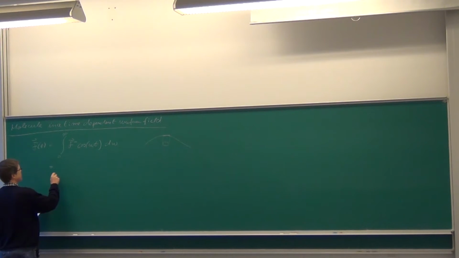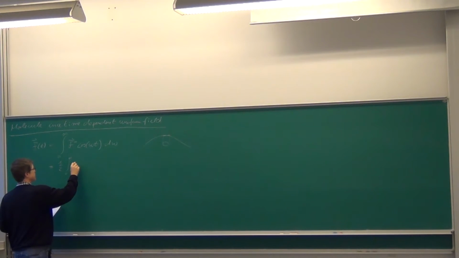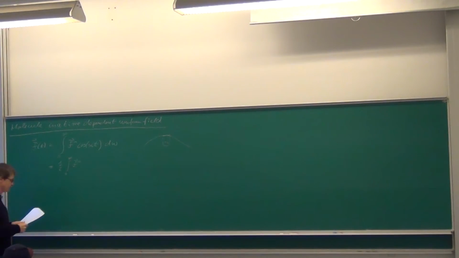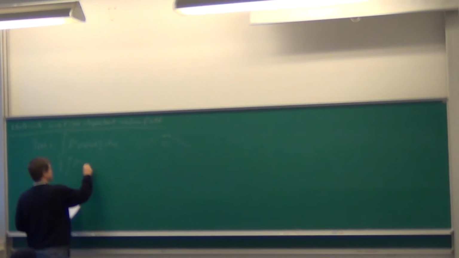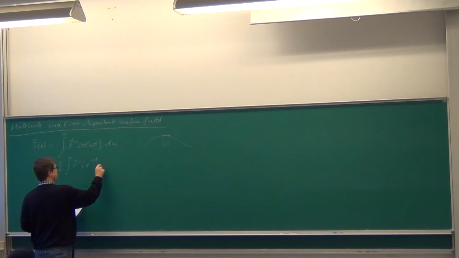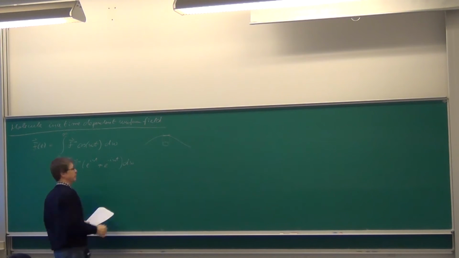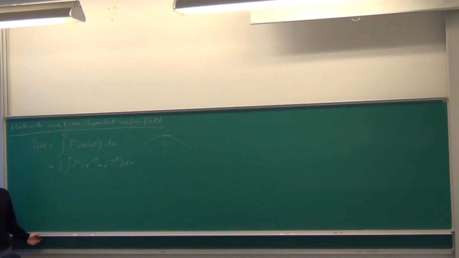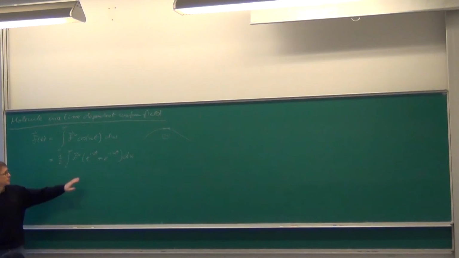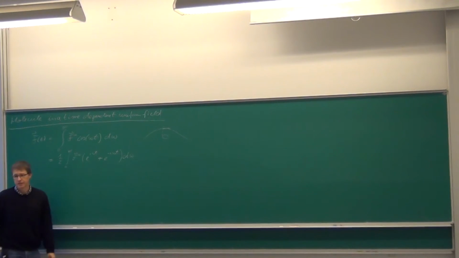So I can write that as 1/2 the integral from 0 to infinity, here my frequency component, and then e to the i omega t plus e to the minus i omega t, d omega. That's just using the Euler relation between these exponential and cosine and sine. And having the minus here, I get rid of the sine contribution.